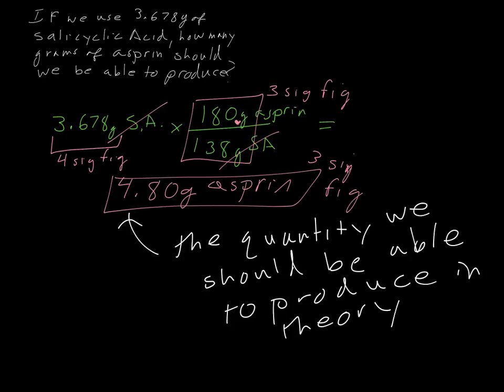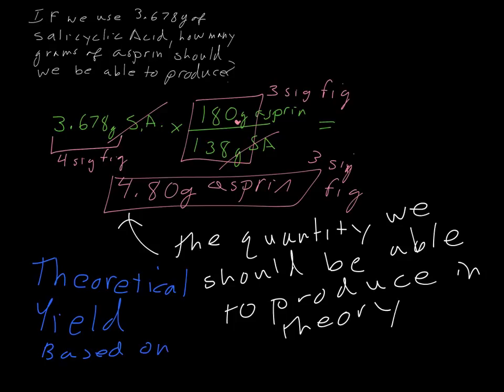The quantity of a substance you should be able to produce in theory is referred to as your theoretical yield, based on stoichiometry, which is a fancy way of saying the chemistry of math, the math of chemistry.